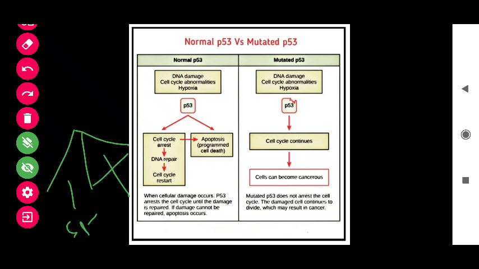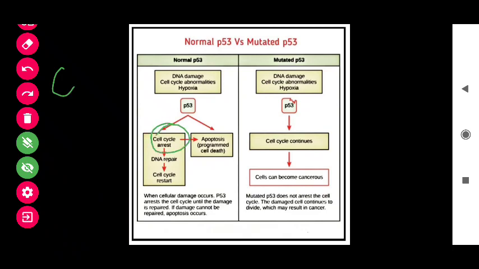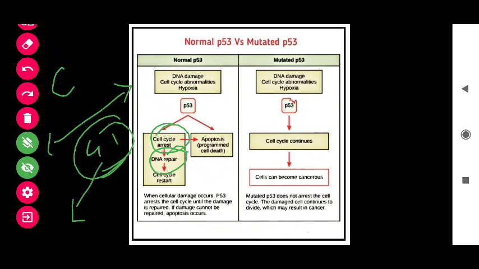First go and correct it and come back again, and I will pass you from G1 to S phase." So it arrests the cell cycle, and if the repair can be done, the DNA can be repaired in the G1 phase and the cell cycle restarts.